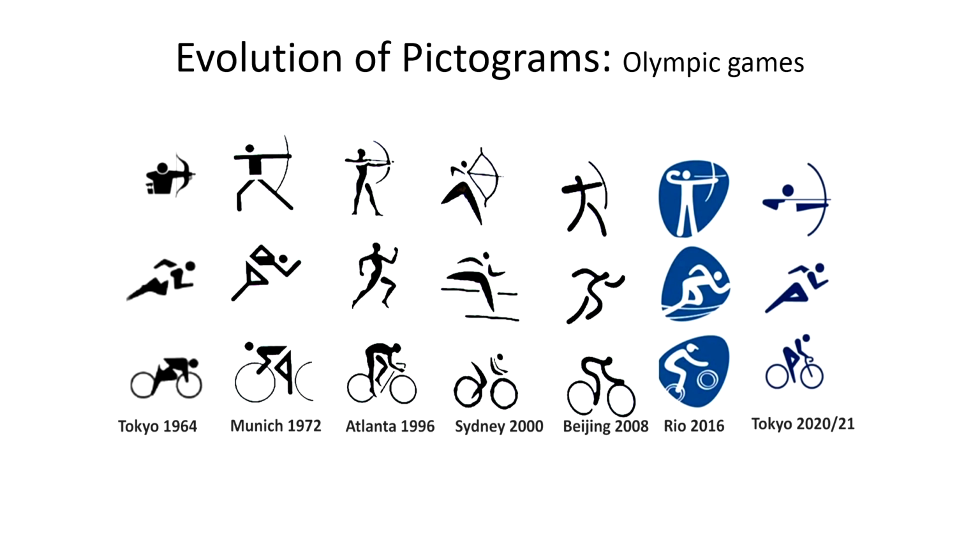Today pictograms are used all the time, quickly and clearly sharing information. So, in this example of the Olympics, you can see how the evolution of the pictograms happened. These pictograms became standardized after the Olympics of Tokyo, which was in 1964.